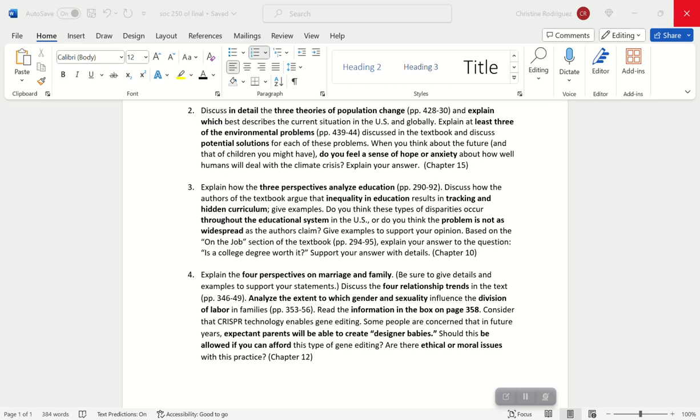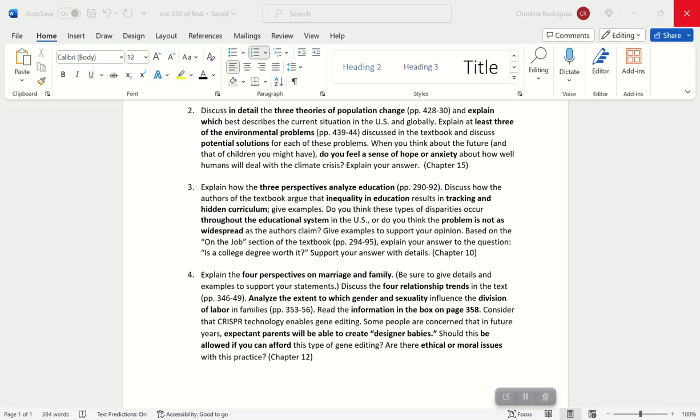And then finally, how the structural or the symbolic interactionist perspective analyzes education. What are some of the social, interpersonal aspects of education? Do you think these types of disparities occur throughout the educational system in the US, or do you think the problem is not as widespread as the authors claim?